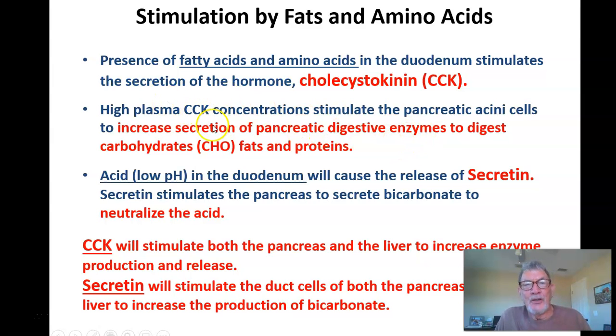You secrete enzymes to digest everything. And then if you have acid entering, you release secretin as a hormone, and it goes to those ductal cells of the pancreas and the liver, the bile system, and causes them to release more bicarbonate. Secretin stimulates the duct cells to release bicarbonate. CCK, pancreas and liver to release the digestive enzymes.